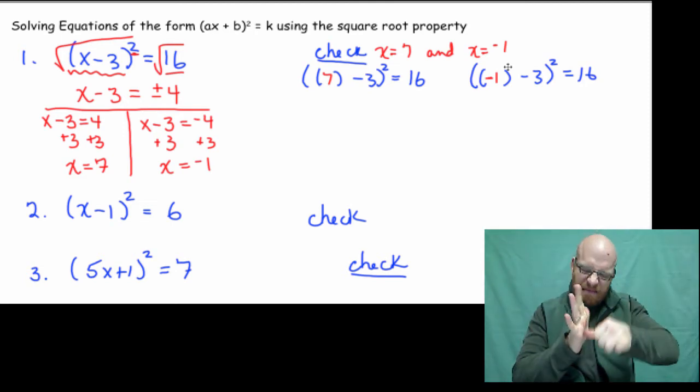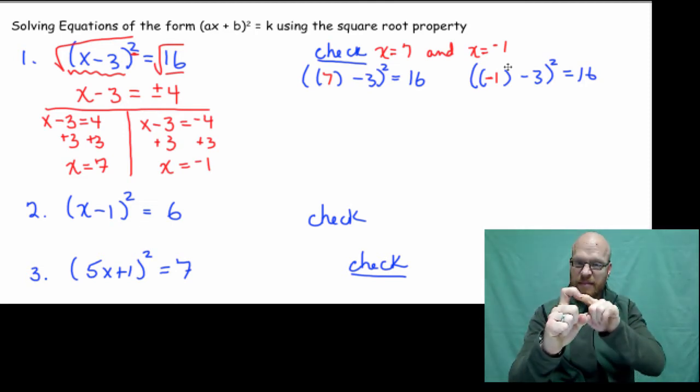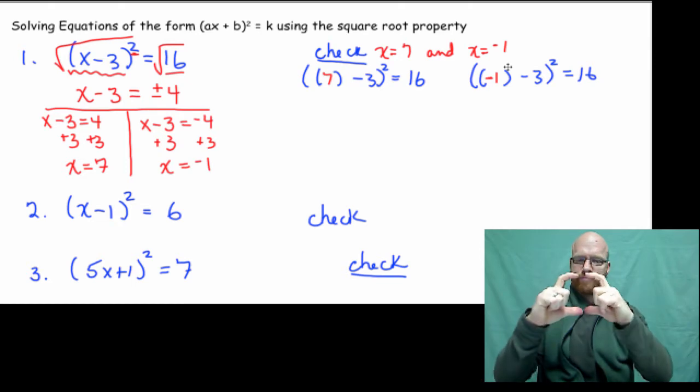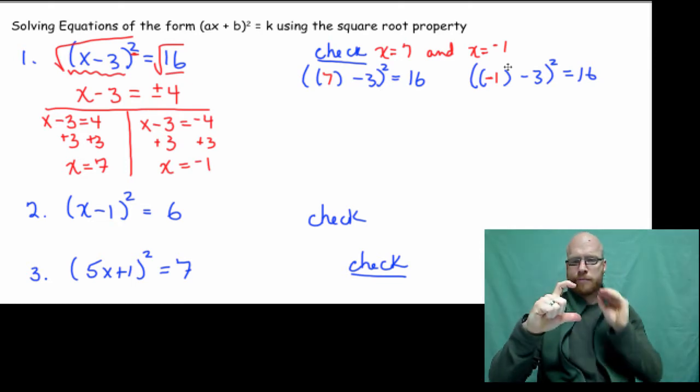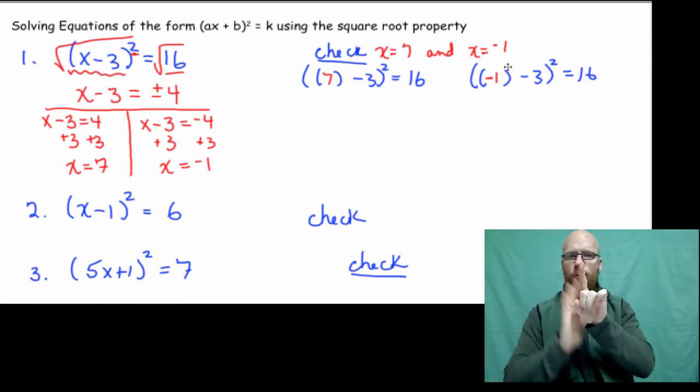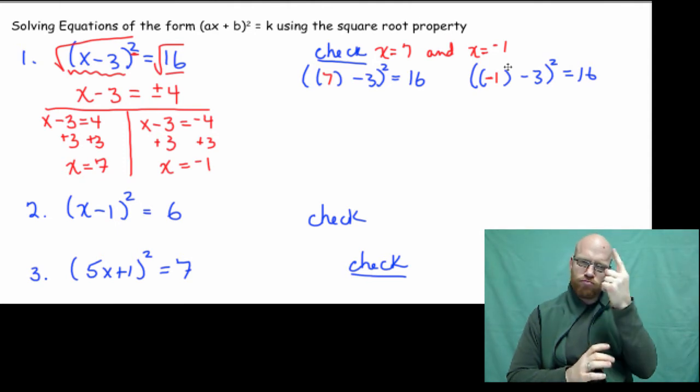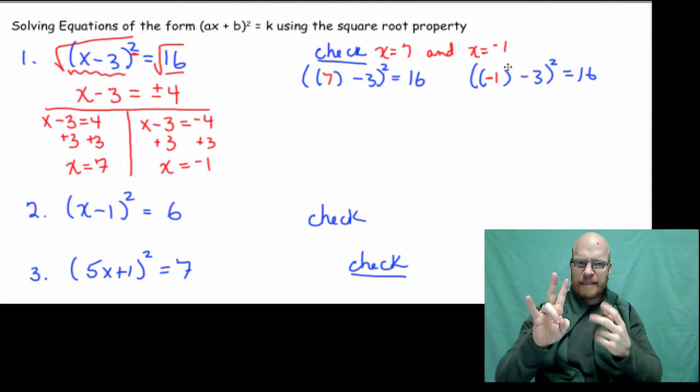So I use parentheses to emphasize that wherever x is, it's like a holding place for the answer. We remove x and put in 7, or we put in negative 1. Okay, so you get the concept there.